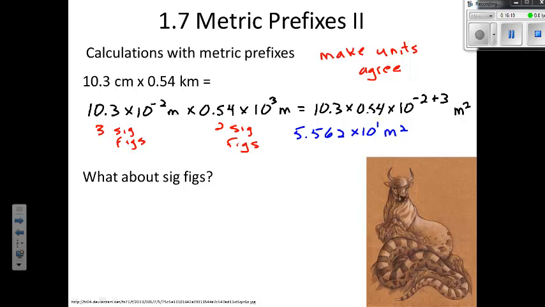I have to drop the 6 and the 2, and in dropping the 6 and the 2, I have to increase the 5 to 6, right? By the rounding principles, 6 times 10 to the second meters squared. All right. So I got to remember sig figs when I do calculations, but I can wait till the end to do that with a simple multiplication.